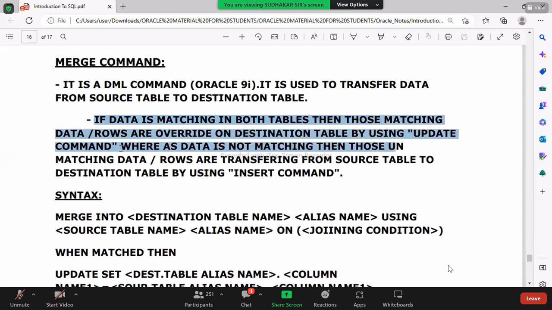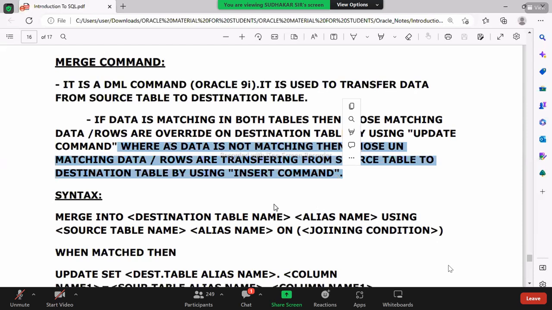Update. Whereas if data is not matching, those unmatching rows are transferred from source to destination table using the insert command. So the merge command's nature is a combination of two commands, insert and update.